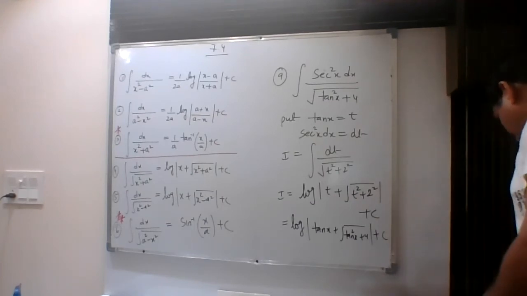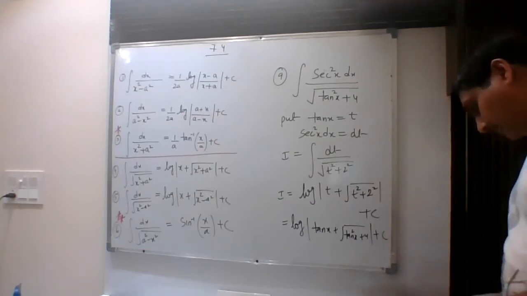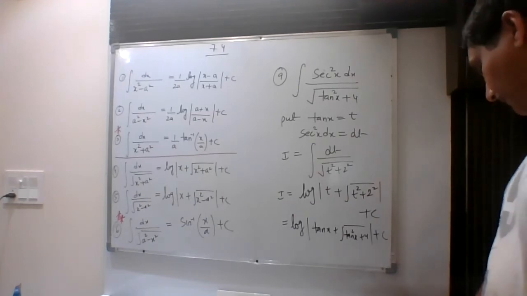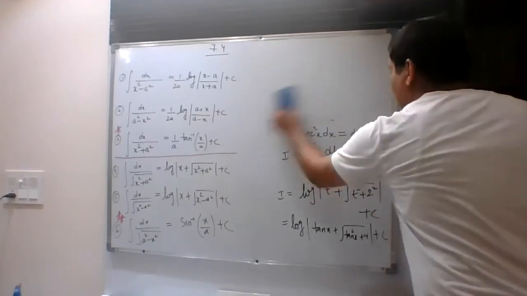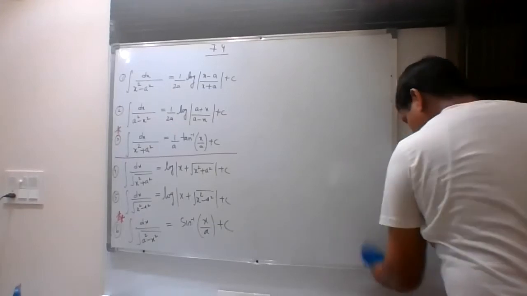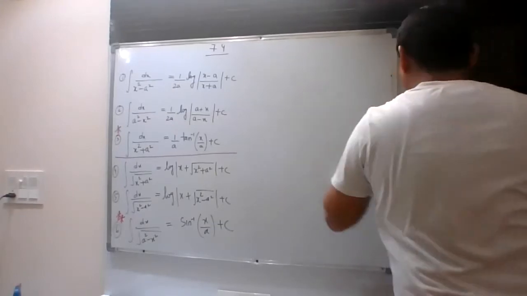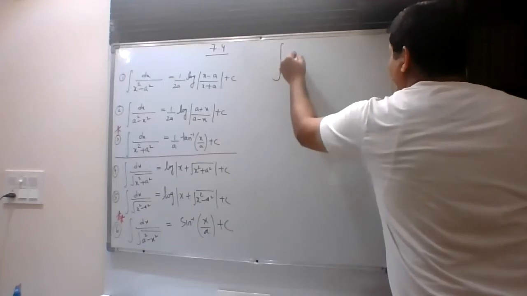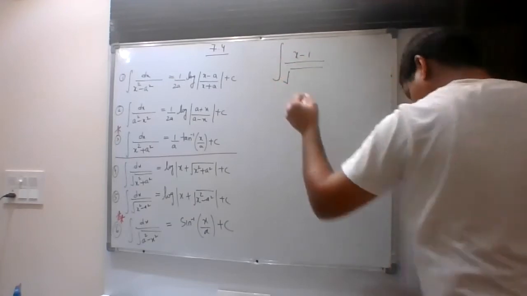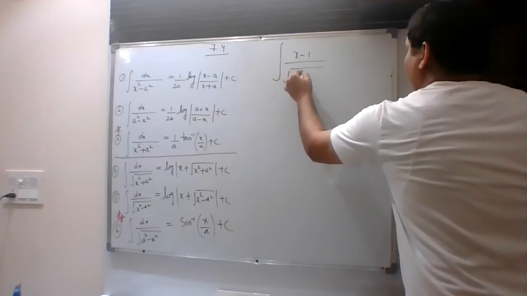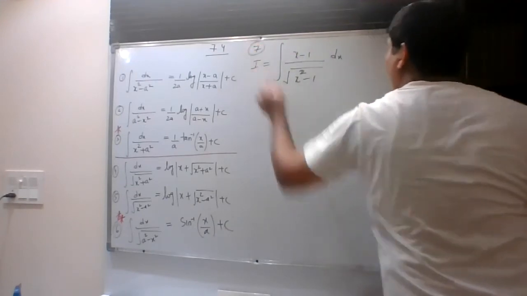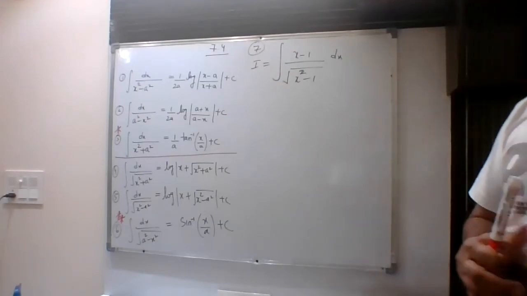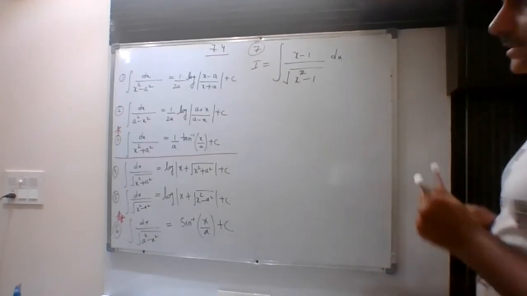After this, let me discuss one more question, question number 7. In question number 7, it is written as integrate x minus 1 upon under the root of x square minus 1. Here, first step is you can break this into two parts.